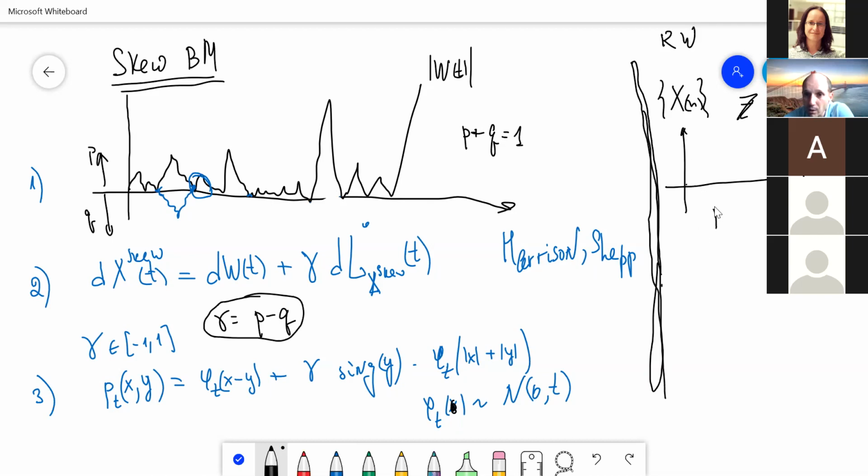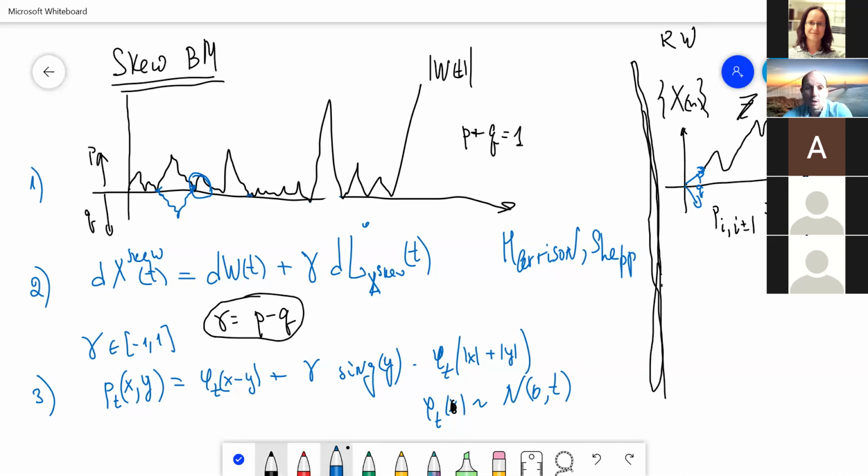Its jumps are 1 or -1, and the probabilities to jump up or down are 1/2 everywhere except at 0, and the probability to jump up from 0 is P, and the probability to jump down is Q. So here you have just the usual random walk, 1/2 up and down, but when you hit 0, you go up or down with probability P and Q respectively.